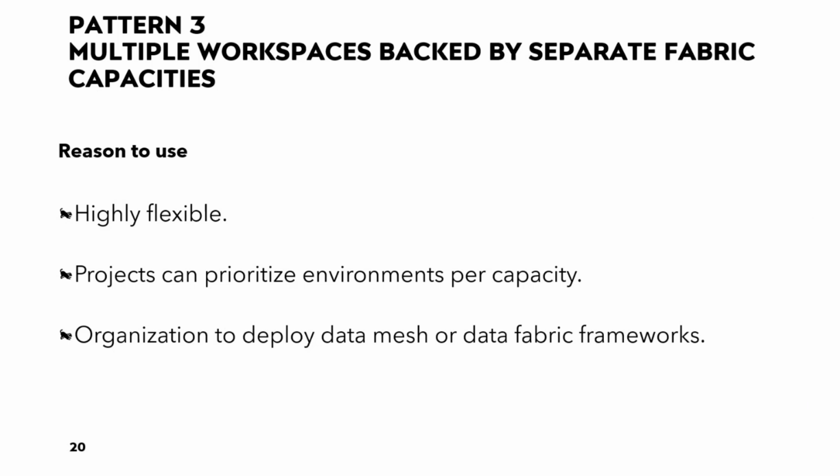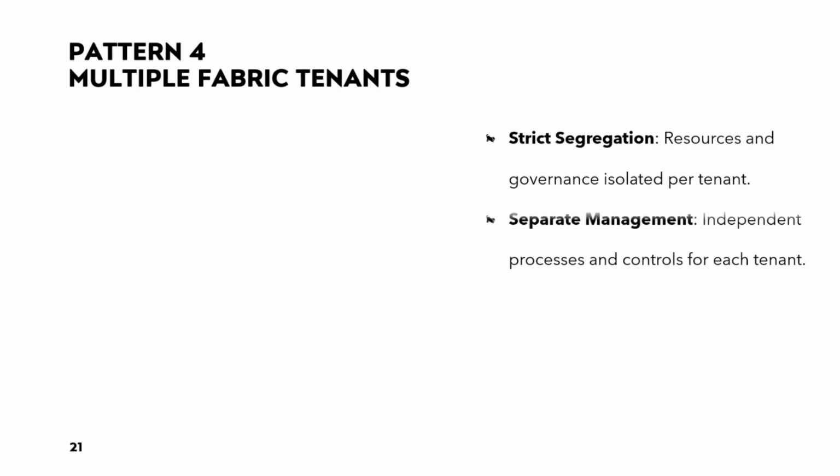So the fourth and final pattern that Microsoft has released information on for Microsoft Fabric is the idea of multiple fabric tenants. So this is a way of utilizing fabric that is potentially segregated. Okay, so think about a very highly governed tenant. So you have literally two individual companies running fabric.